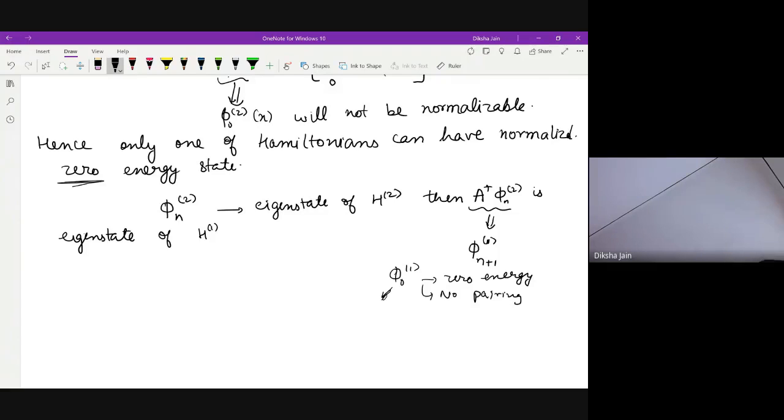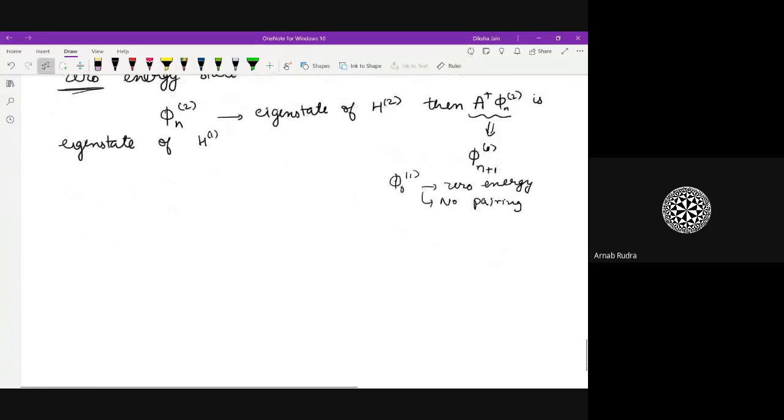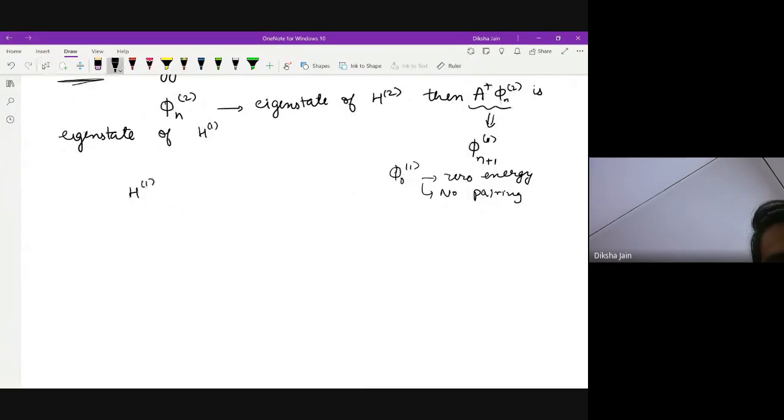Diksha, maybe you can draw a diagram that will help. Okay, let me say this is the spectrum of H1 here. This is energy. This is the spectrum of H2. So H1 had a 0 energy state, which I call phi 0 of 1.